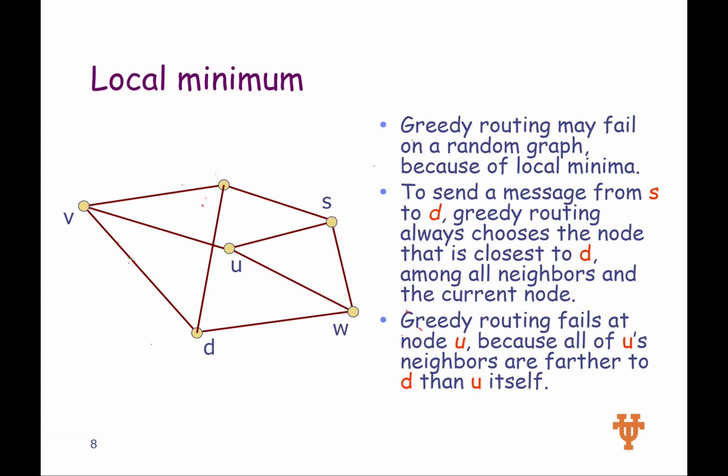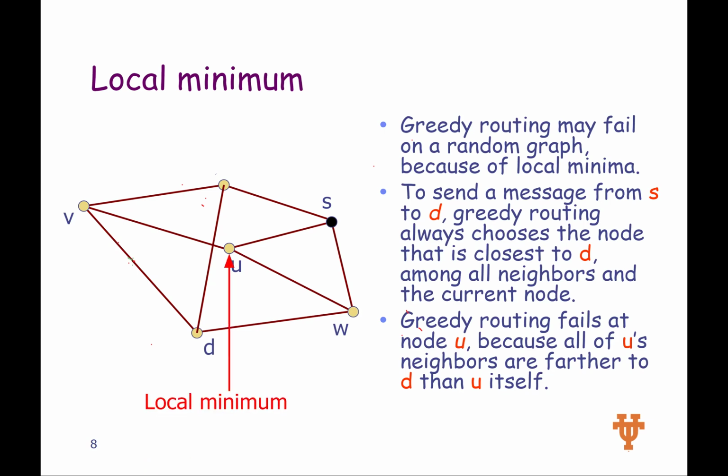So greedy, we all learned greedy routing last time, right? Greedy routing for a random graph. Suppose I start with S. I want to perform a routing to D. The greedy routing will always choose the node that is closest to D. So when we start from S, the next hop is U, right?